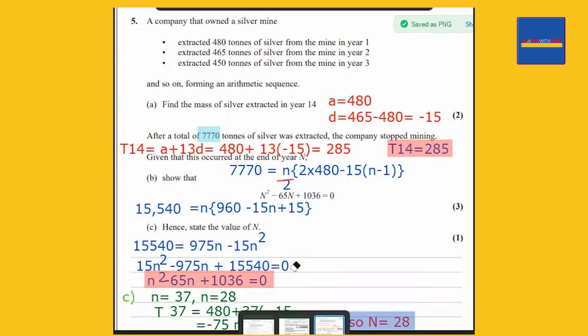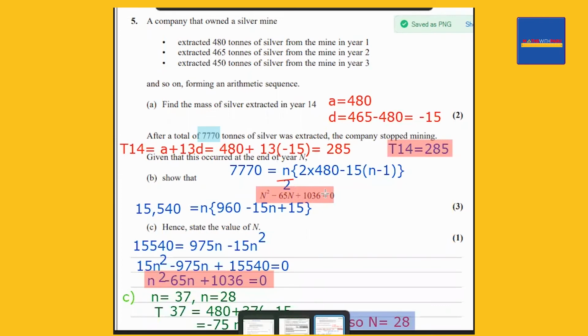We divide everything by 15, and we end up with the equation that they wanted us to show, which is n squared minus 65n plus 1036 equals 0. So that answers our part B.